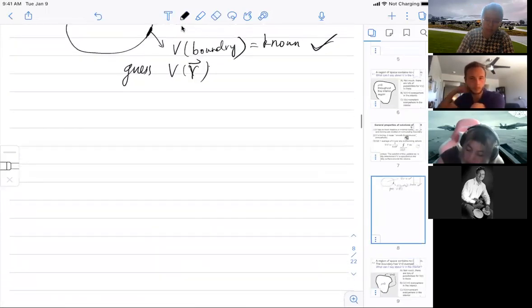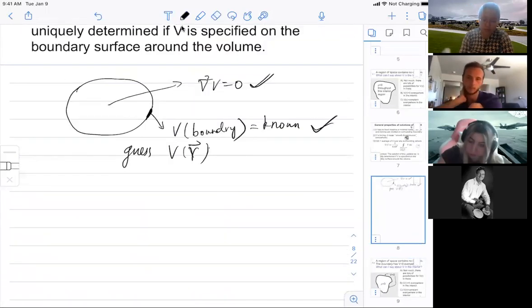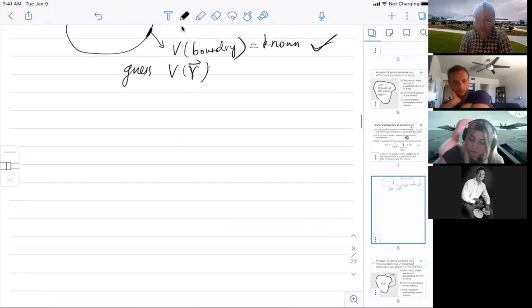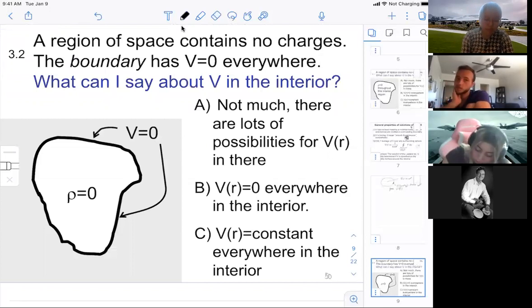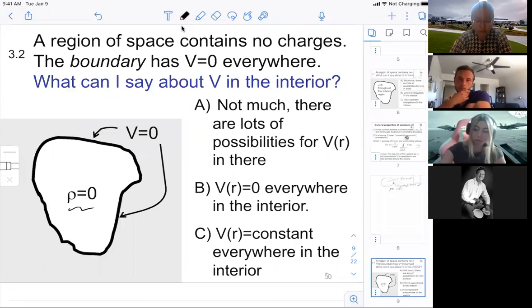So you can see, just giving a space with zero charge density is kind of useless. It doesn't tell you anything about V. So now I'm going to give you one more piece of information. Not only do I tell you there's no charge in the space, I also tell you the V on the boundary of your region.